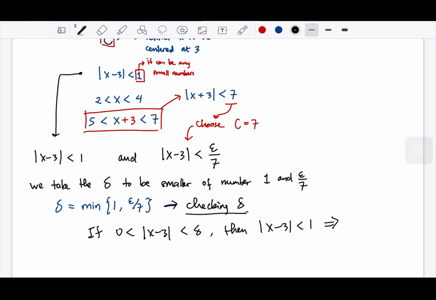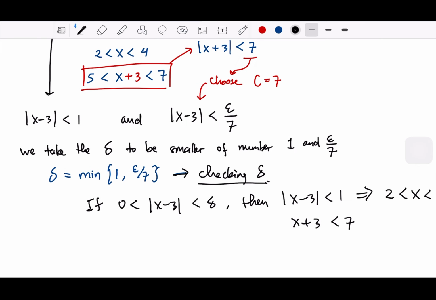So it will turn out to be this value. And this turns out to be x plus 3 less than 7, right? We also have x minus 3 less than epsilon over 7. So this is the first one. This is the second one.